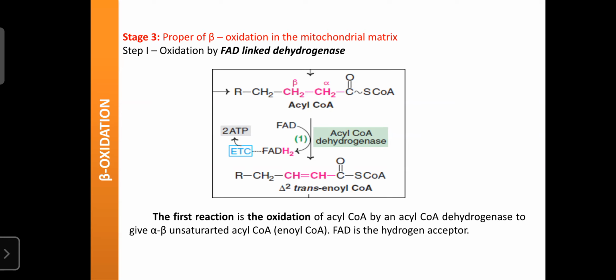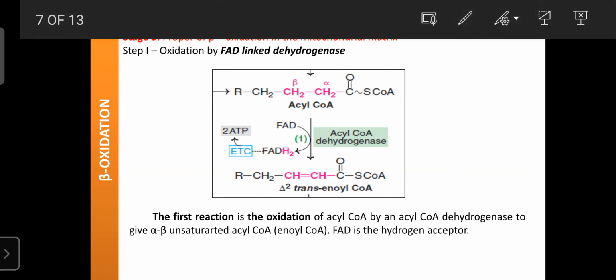Okay, so this oxidation is the first reaction of beta oxidation, and it is regulated by the acyl CoA dehydrogenase enzyme in the presence of FAD. So this dehydrogenase enzyme depends on FAD.